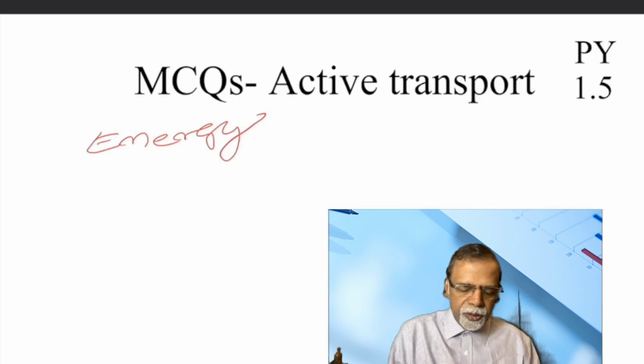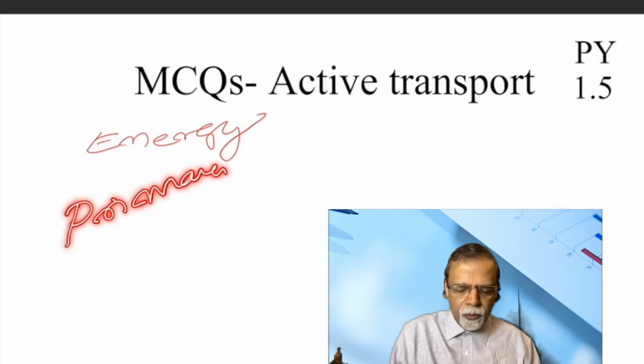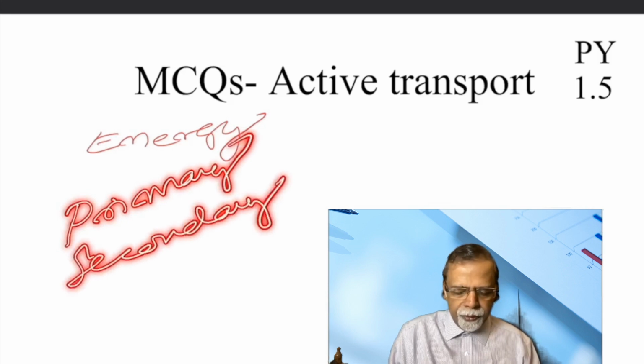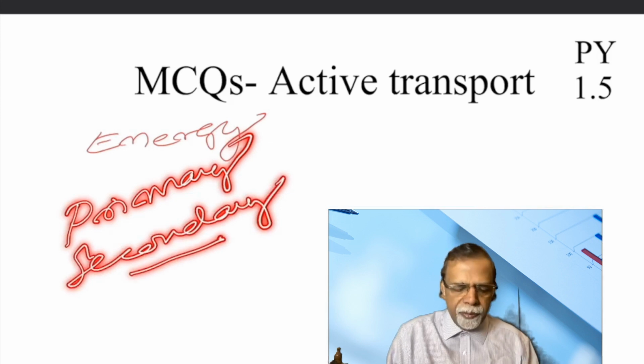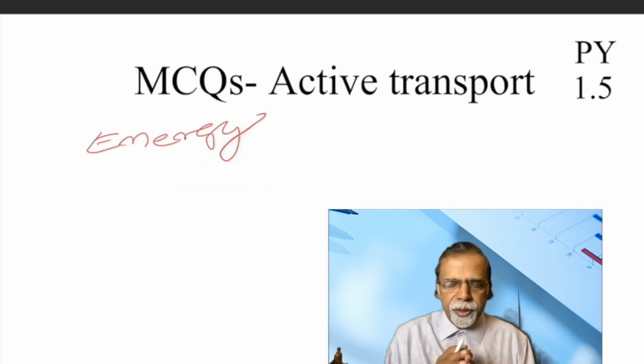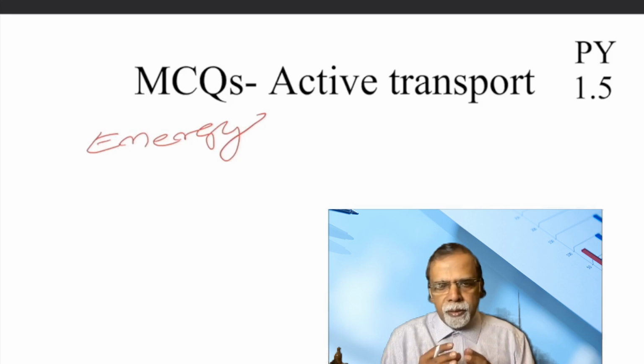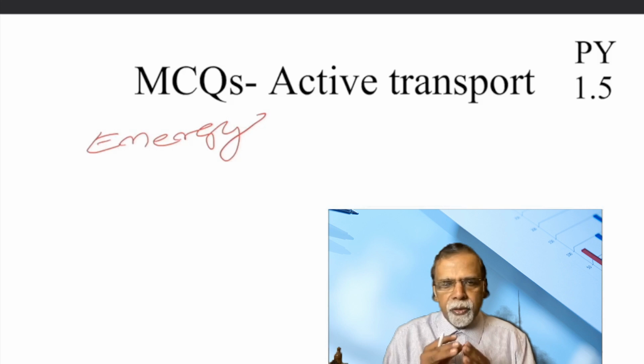The transports can be primary active or secondary active transport. Primary means the energy is utilized at the site of the pumping, and secondary means energy is required for the purpose, but it is not at the site of the action.